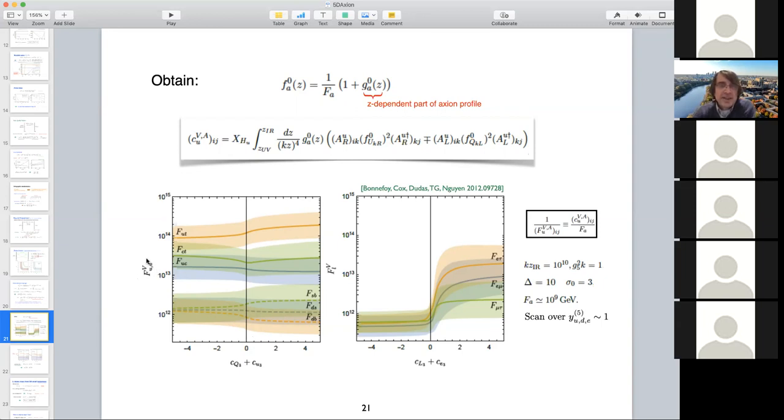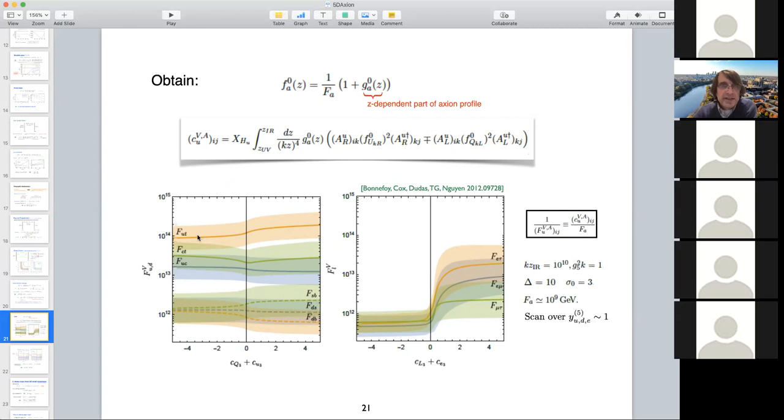I've shown the effective scale of the Axion-fermion coupling as a function of a free parameter that exists in the 5D model. This free parameter is related to the fermion mass spectrum. It's an order 1 parameter, and it just varies around order 1.